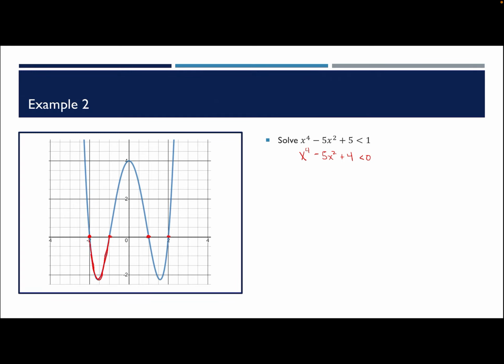So we're less than 0. So from negative 2 to negative 1 and from 1 to 2. So our solution is from negative 2 to negative 1 union 1 to 2. And that's it for this one.